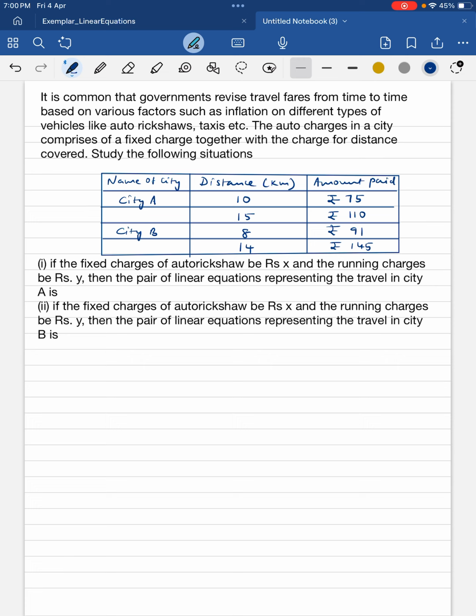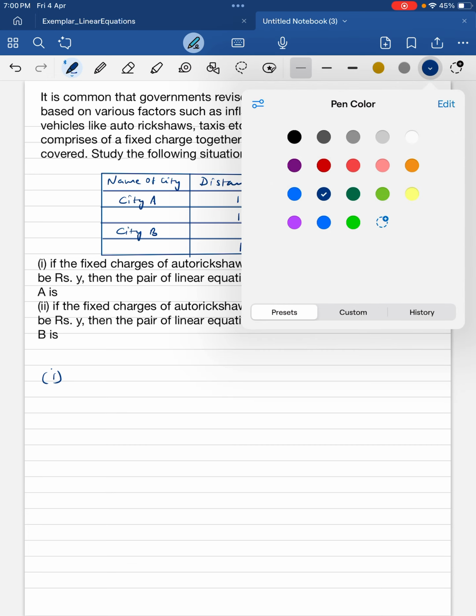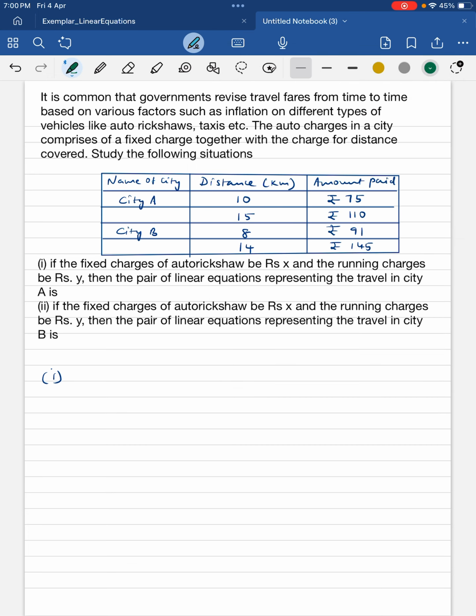Now for the first part, the first linear equation can be formed. The fixed charge of the auto rickshaw is X rupees and the running charge is rupees Y. The total charge is given as 75 rupees.